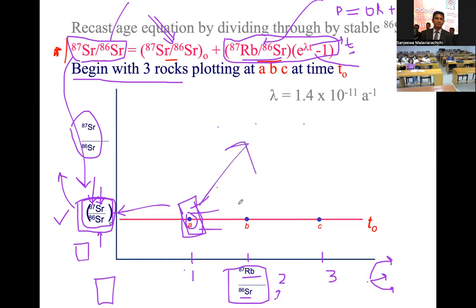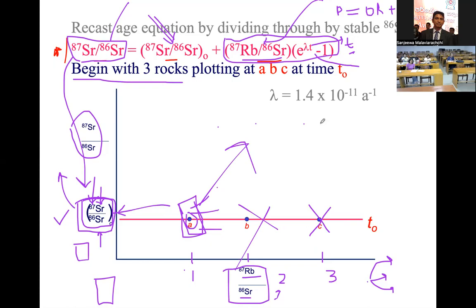You can forget other rocks and go for a single rock by mineral separation. Actually, this is more precise than taking three rocks and assuming they are cogenetic, because in a single rock you are very certain that these minerals are coming from the original source.